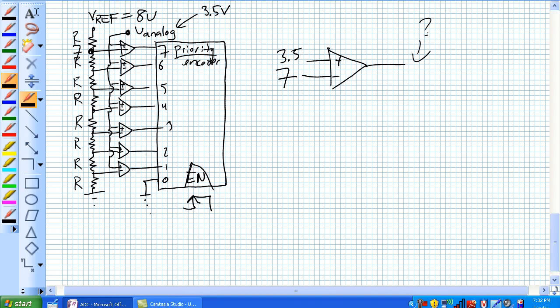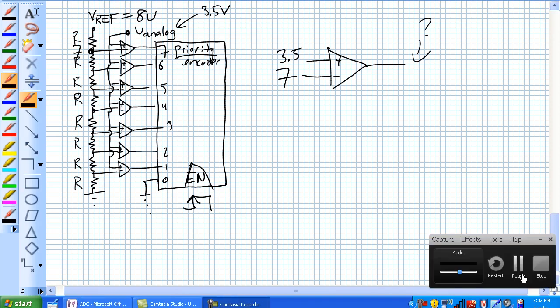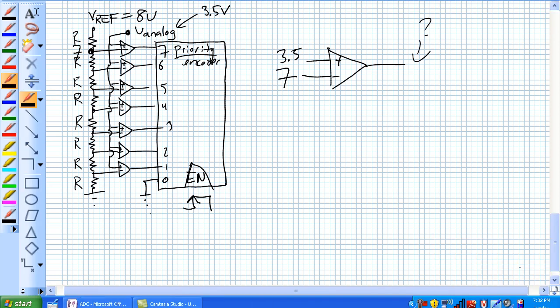What's the output here? Well, my inverting input in this particular case is exceeding my non-inverting input. So that would be a low. Same thing for the 6, same thing for the 5, same thing for the 4, and now we get to the 3.